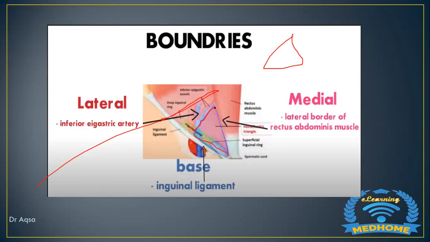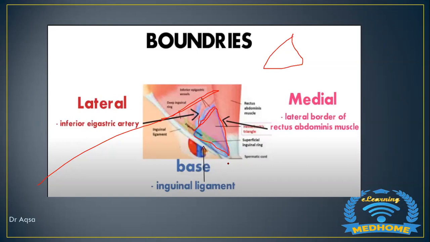Medially, we have the lateral border of the rectus abdominis muscle. To remember easily: the lateral boundary is formed by the inferior epigastric artery, the medial one by the lateral border of the rectus abdominis muscle, and the base by the inguinal ligament.